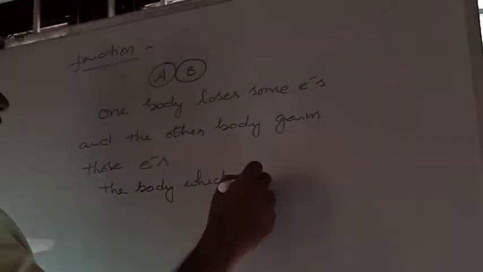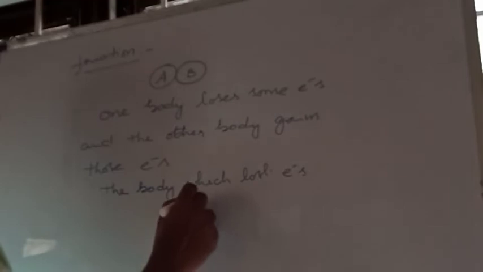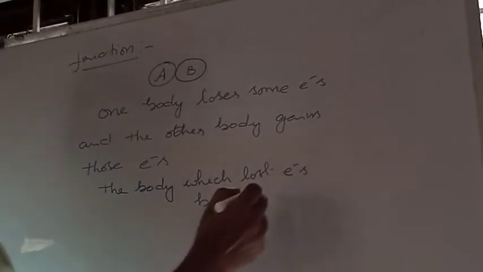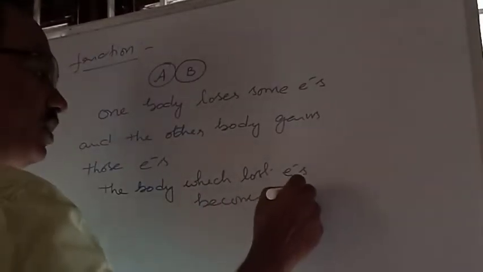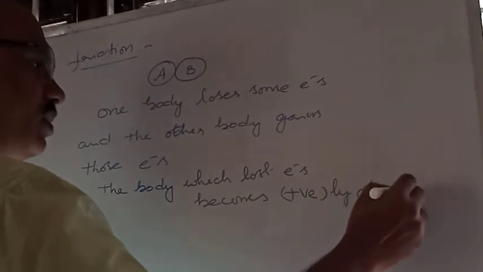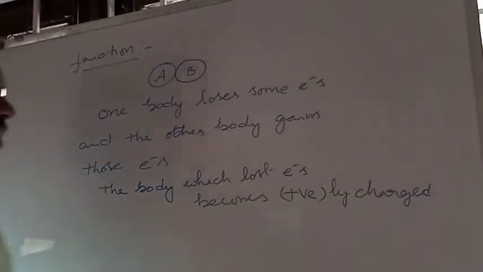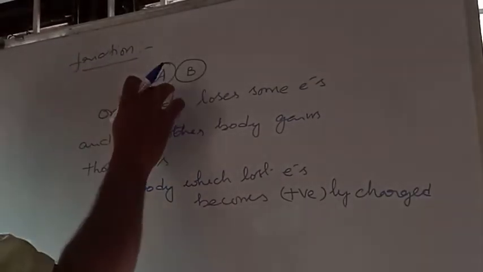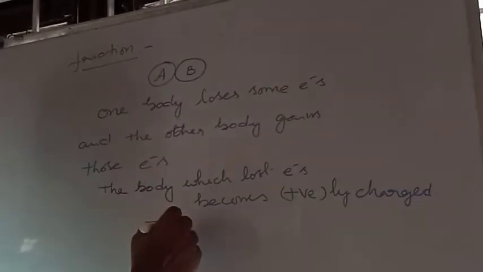Now when the first body loses some electrons, the body which lost electrons becomes positively charged. Let us consider here A lost some of its electrons, then A becomes positively charged.